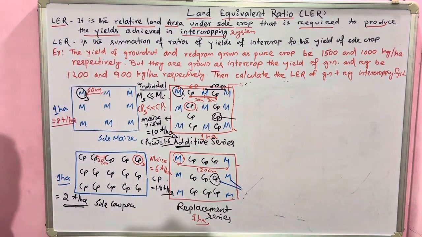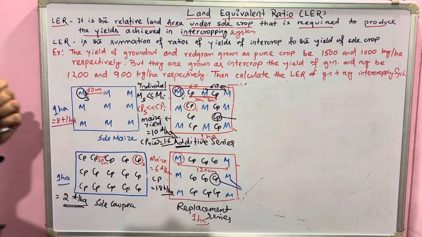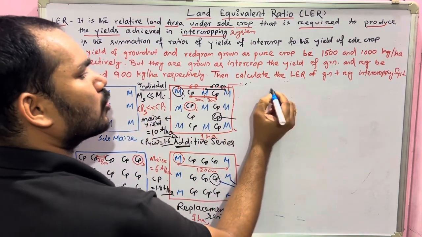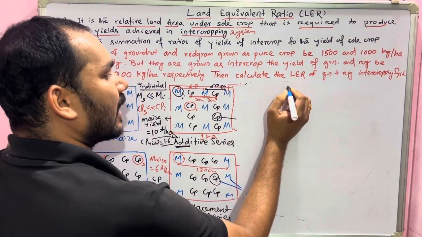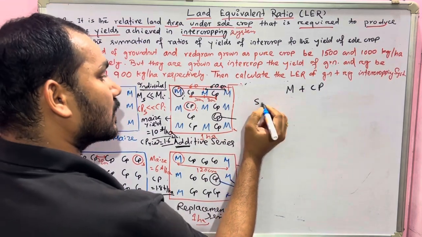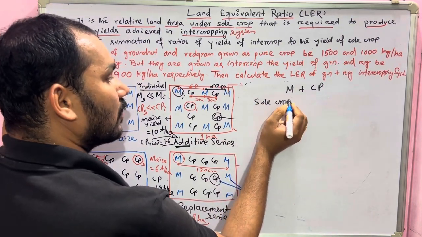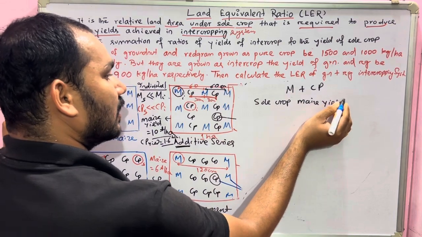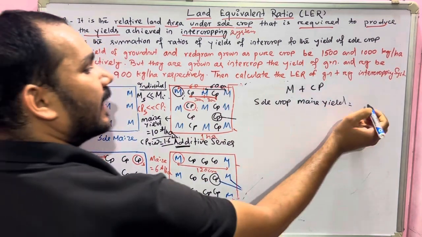So now we will come to the basic thing. If I ask you, what is the intercrop I have taken? Maize plus cowpea. So what is my sole crop maize yield? You can see here, sir, it is 8 ton per hectare.